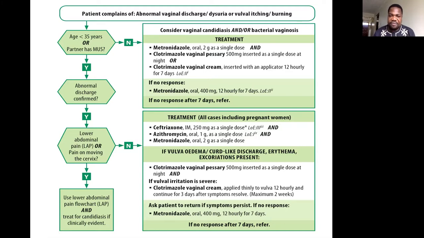But if you have a typical curd-like discharge with erythema and itching and or excoriation, where you can suspect candida, then you can also add clotrimazole vaginal pessary or vaginal cream, just to ensure that you don't miss a candida infection. So that's your approach to a patient with a vaginal discharge.